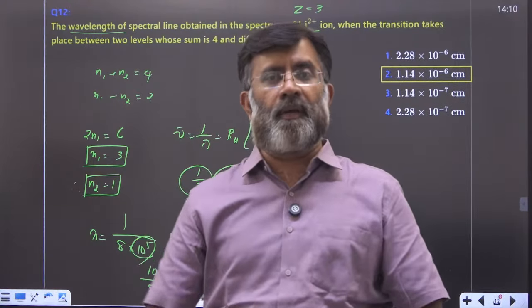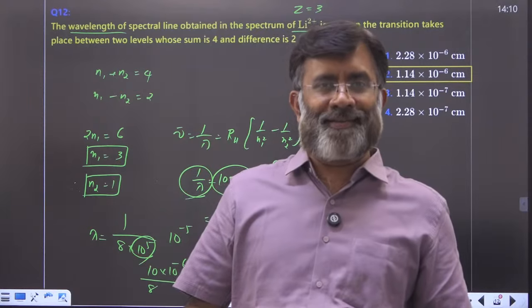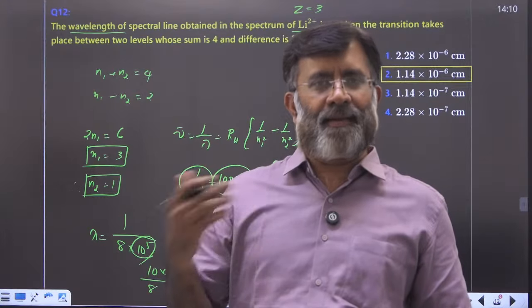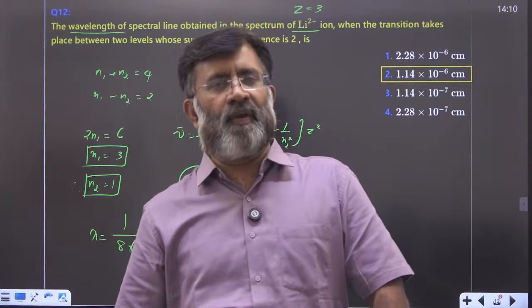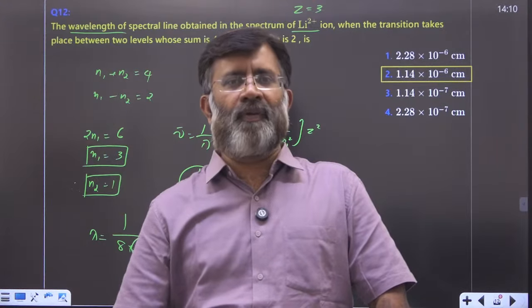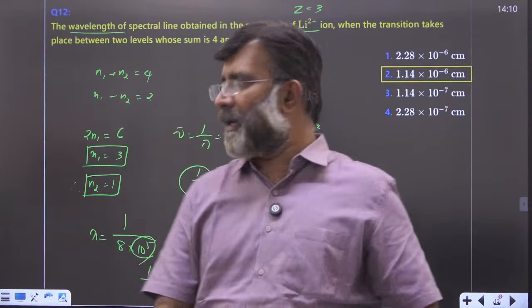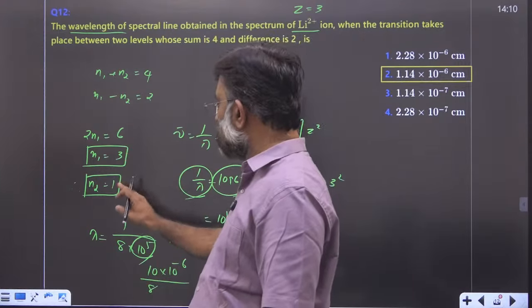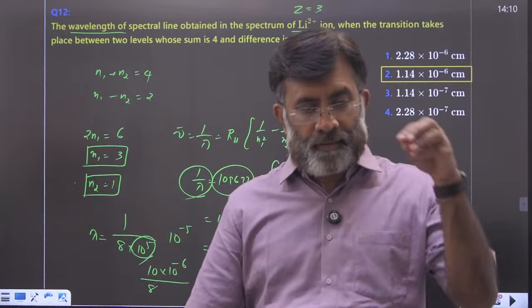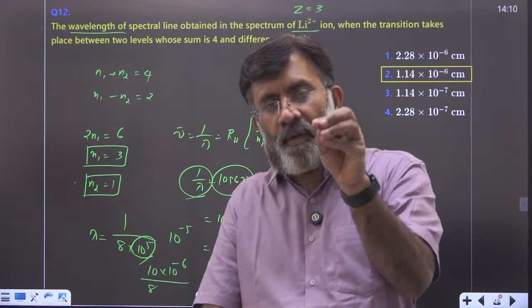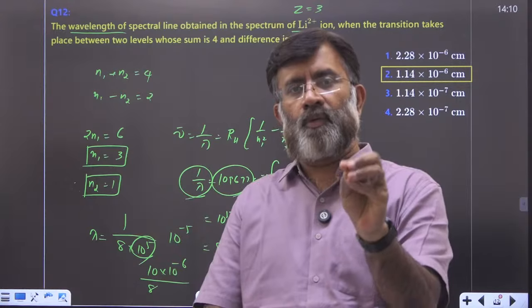Normally transition തരികയാണ് ചെയ്യുക. 3 to 1 transition എന്ന് പറയുകയാണ് ചെയ്യുക. അല്ലെങ്കിൽ സെക്കൻഡ് ലൈൻ ഓഫ് ലൈമാൻ സീരീസ് എന്ന് പറയുകയാണ് ചെയ്യുക. അങ്ങനെ ചോദിക്കുന്നതിന് പകരം ആ ട്രാൻസിഷൻ പോലും ഒരു മാത്തമാറ്റിക്കൽ മാനിപ്പുലേഷനിൽ ഉൾപ്പെടുത്തിയിരിക്കുന്നു എന്നുള്ളതാണ് പ്രത്യേകത.